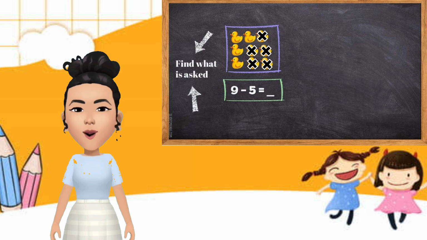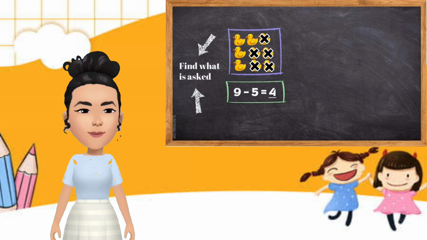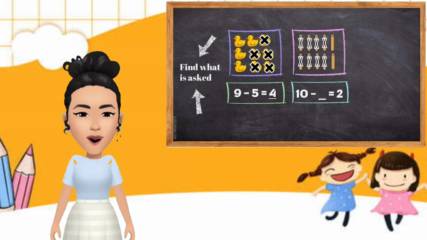Yes, very good. We will count all the objects or all the ducks that were not crossed out to see what is our difference. Let's count all the ducks that were not crossed out. 1, 2, 3, 4. So we have 4, meaning 9 minus 5 is equals to 4. Very good. So how about this example?